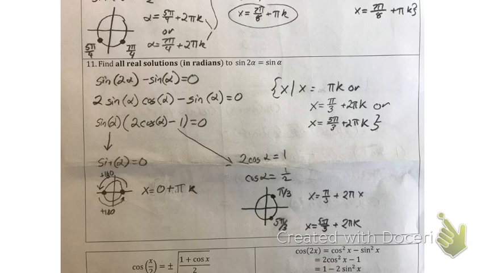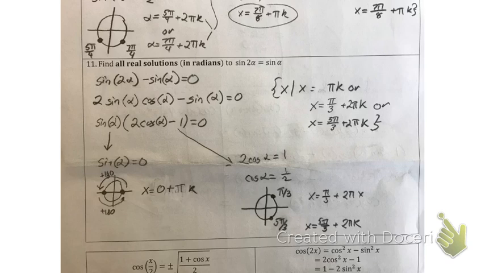Well, that gives me sine of 2 alpha minus sine alpha. The problem is I can't set either of those equal to a number yet. I don't have sine alpha equals 0 or sine 2 alpha equals 0. So the only way to do that is to factor. But you can't factor sine alpha out of both of these because these are different things. One is 2 alpha, one is alpha.